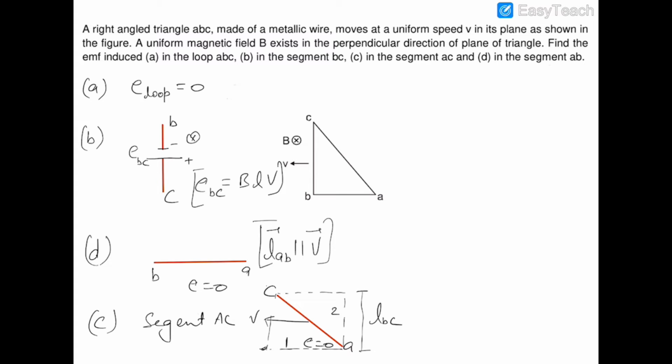The polarity of this EMF can also be found by Fleming's right hand rule: if you stretch the first two fingers and thumb of the right hand in mutually perpendicular directions, and point the first finger inside the plane, as the magnetic field is inside the plane, and the thumb towards the velocity, then the positive terminal would be in the downward direction.